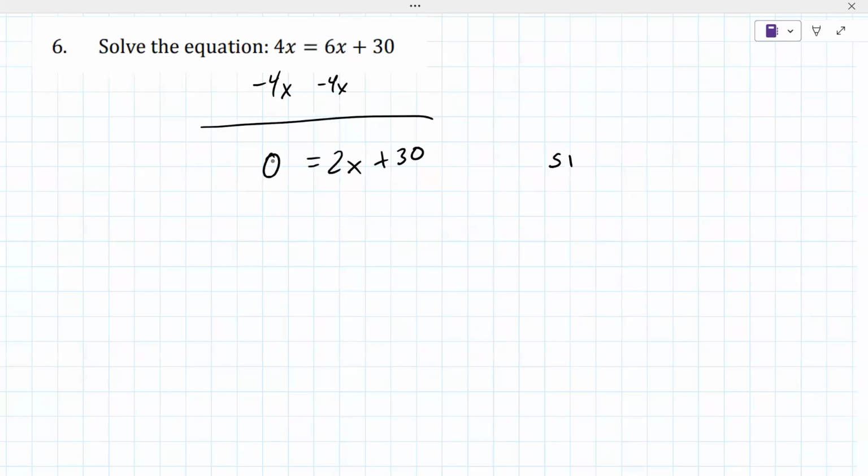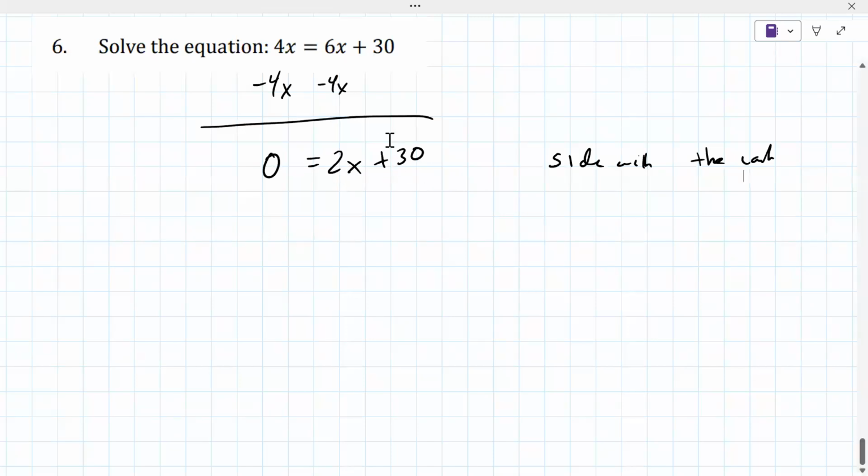Now your focus is on the side with the variable. This could be 0, it could be 10, we don't care. You look at the side with the variable. What do you undo first? Multiplication or addition? Which do you undo first?